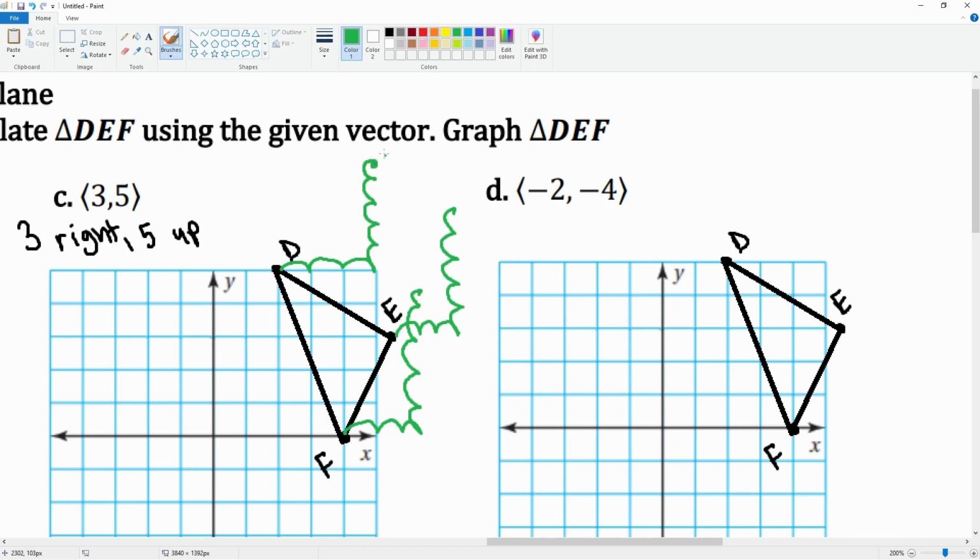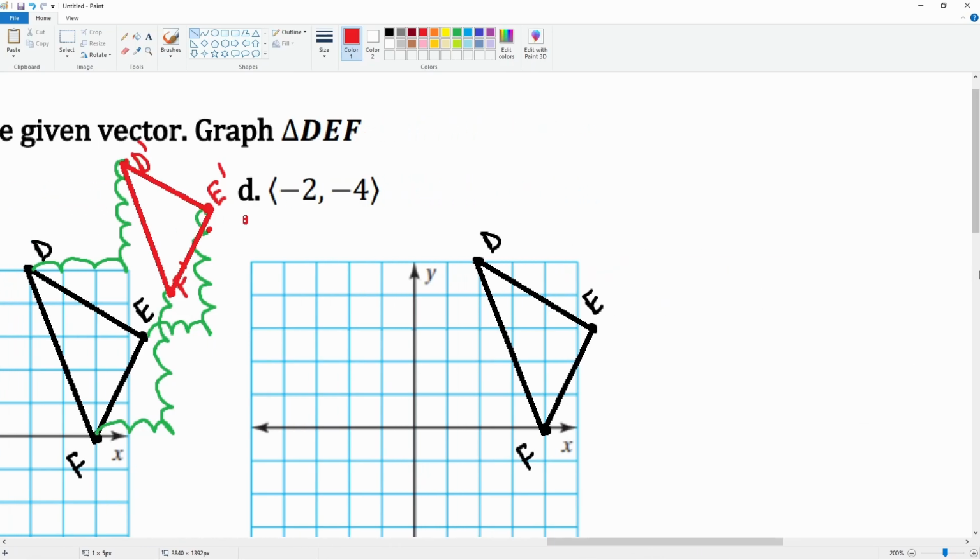And F: 1, 2, 3, then 1, 2, 3, 4, 5. This is now D prime. E went 3 to the right, 5 up, so that becomes E prime. F went 3 to the right, 5 up, so this is F prime. Now we can connect it: D, E, F, and there you go. This is the vector (3, 5): 3 right, 5 units up.